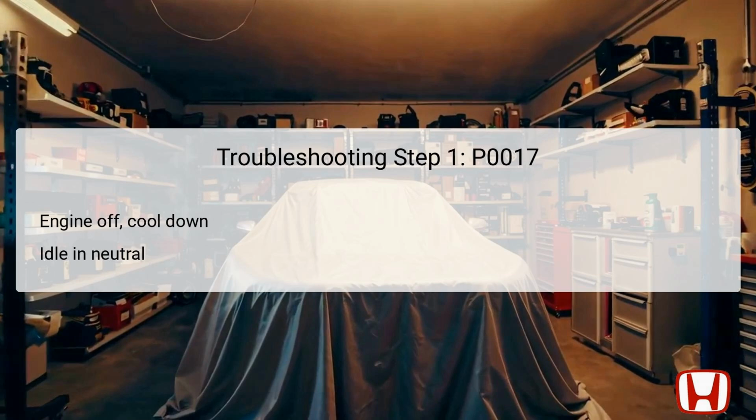In the second troubleshooting step for DTC P0017, switch the vehicle to on mode without starting the engine. Then, utilize the Honda Diagnostic System, HDS, and select the EXVTC function. The HDS is a specialized tool that interacts with the vehicle's onboard diagnostic systems, allowing for advanced monitoring and testing of the VTC system.